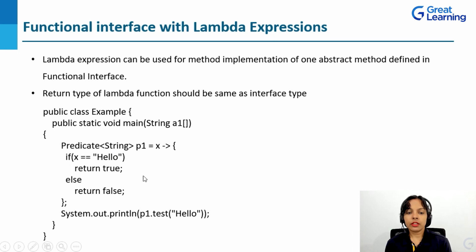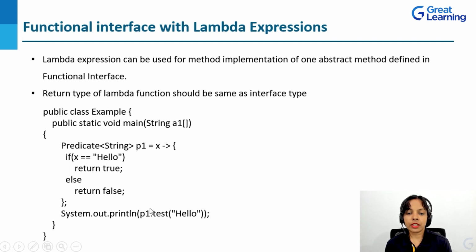Now you can see here, without the name being used in the implementation, the test method is directly called by the object reference of type Predicate. P1 is the object reference, so P1.test is being called with one parameter passed here.